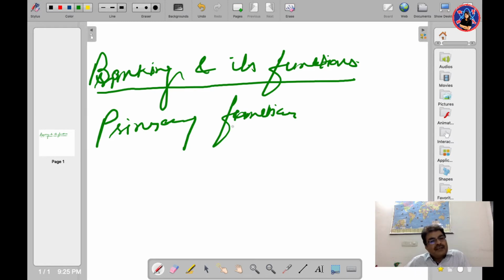Now the second is advancing loans. How does the bank give loans to the people? There are three types of credit: cash credit, demand credit, and short-term loans. First is the cash credit. A credit limit is sanctioned up to which the user may borrow from the bank on a given security.